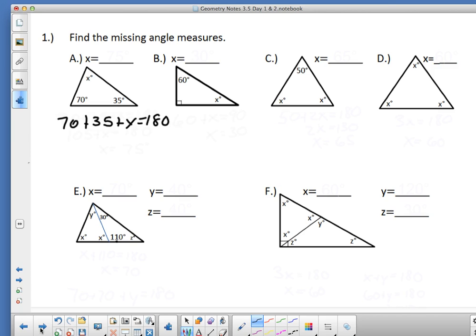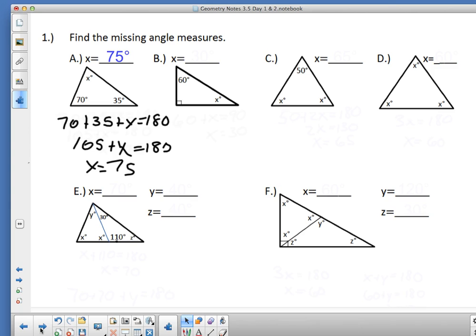So we got 105 plus x is equal to 180, so 75 is my x. Now, a shortcut to this setup: when you have a right triangle and you are looking for one of the 2 acute angles, what you're really looking at is 60 plus x is 90.